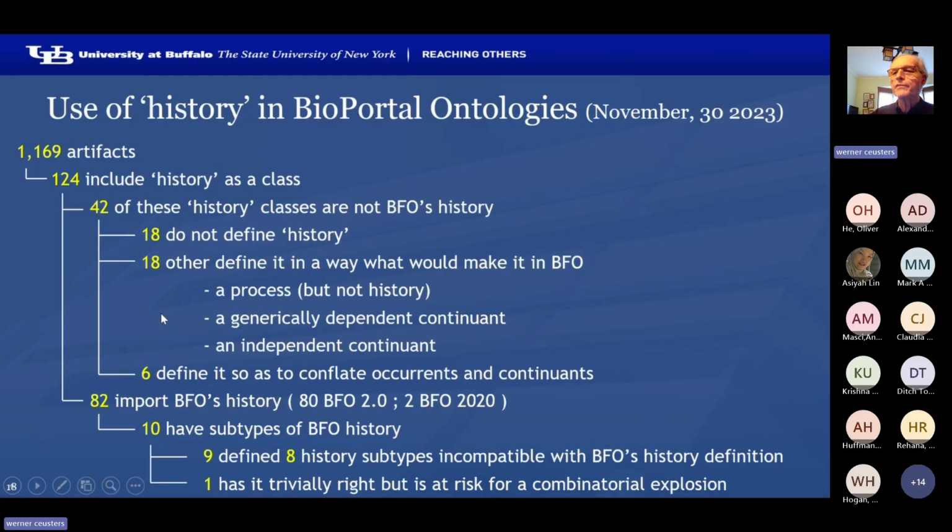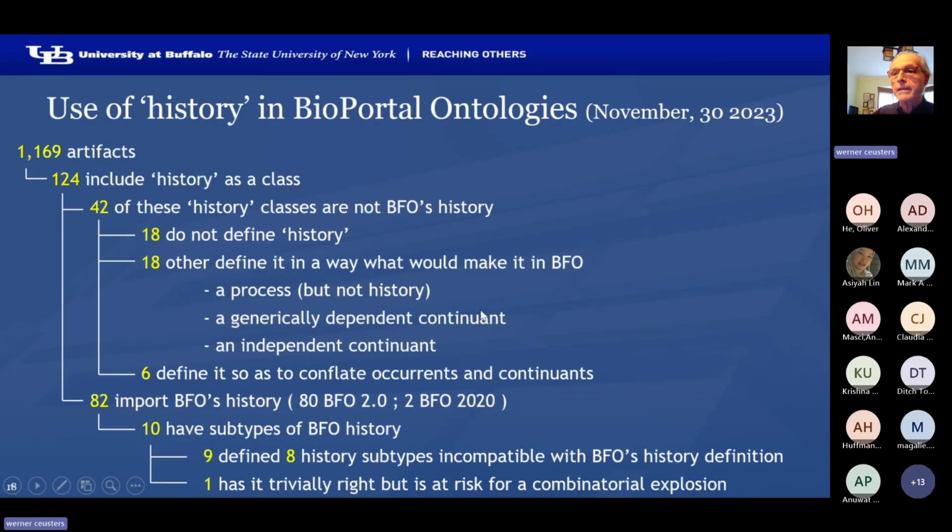Of those 124, 82 imported BFO's history, 80 from version 2.0 and 2 from BFO 2020. Only 10 of those 82 made subtypes of history, which makes us assume that they simply imported history because they imported the entire BFO, but actually don't need it.